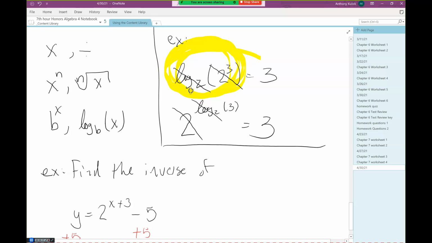Use a logarithm. Which logarithm should I use?